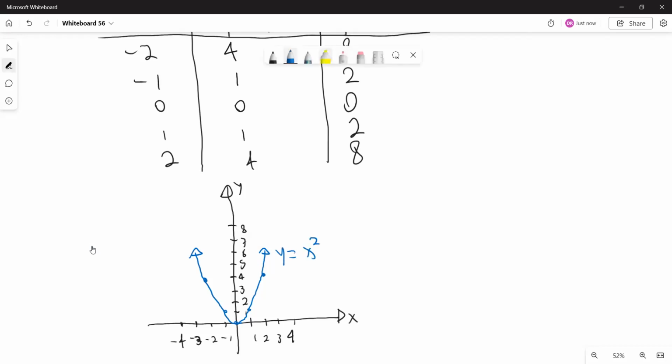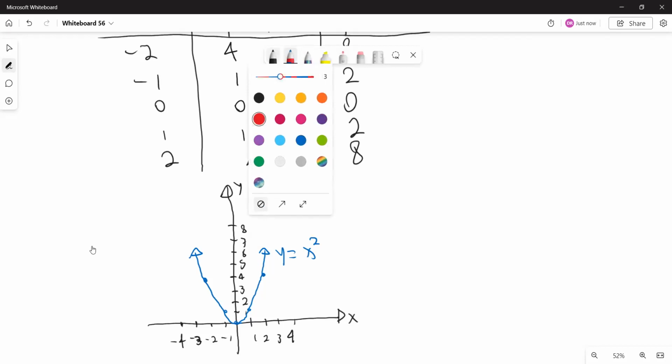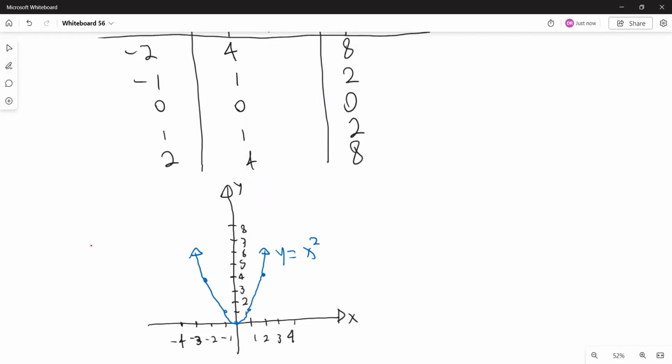And the graph of 2x squared passes through -2, 8, -1, 2, 0, 0, 1, 2, and 2, 8. And this is the graph of 2 times x squared.